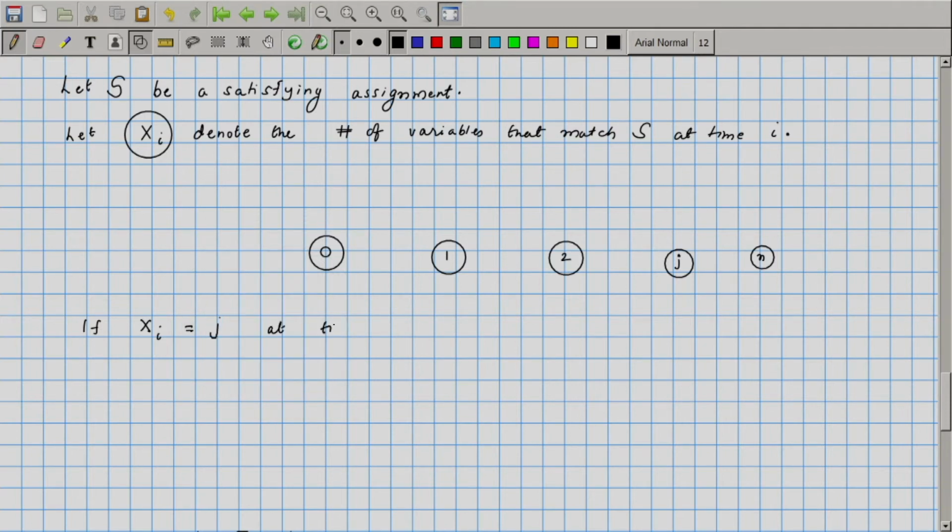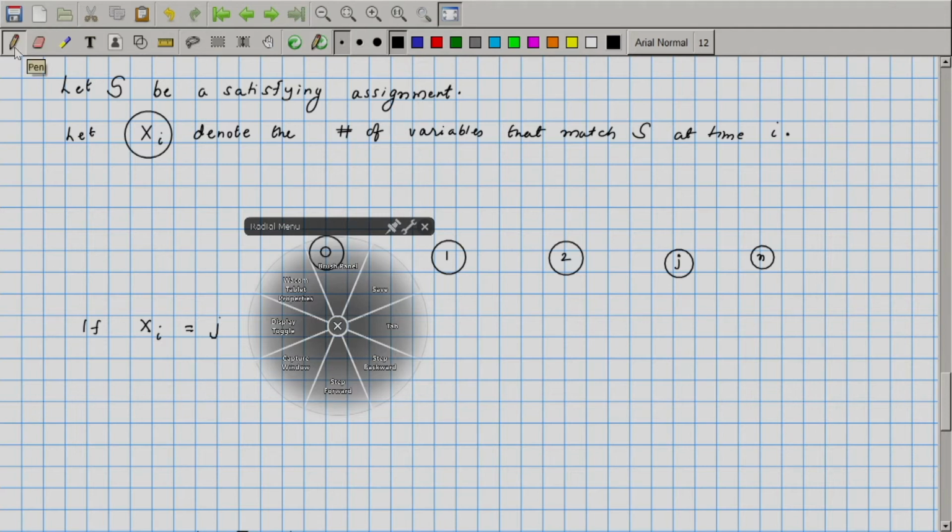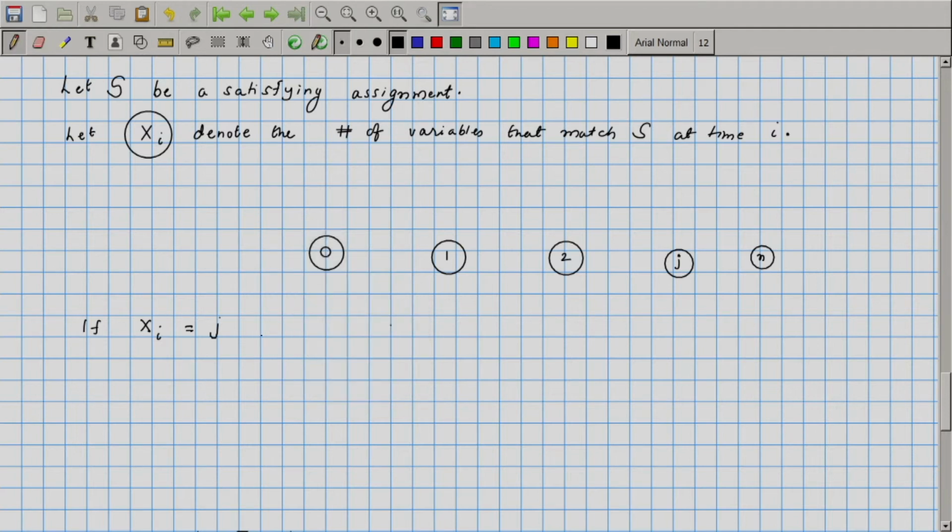If the value of xi at time i is j, then xi at time i plus 1 can be equal to either j plus 1 or j minus 1.